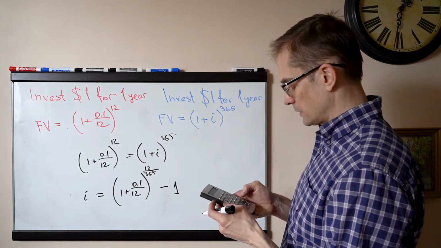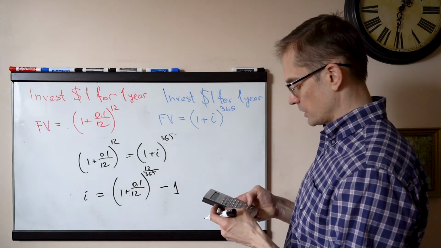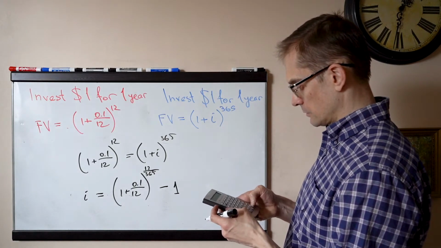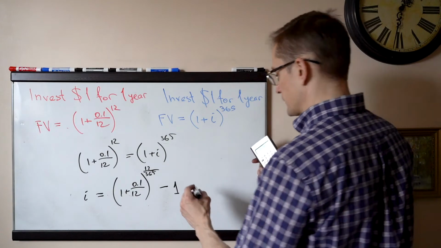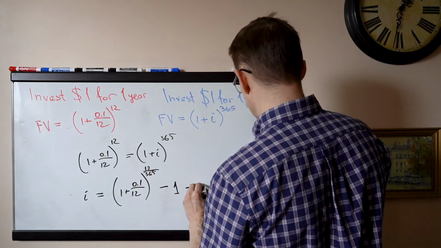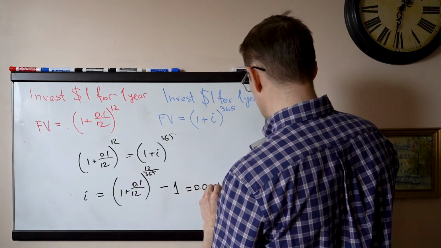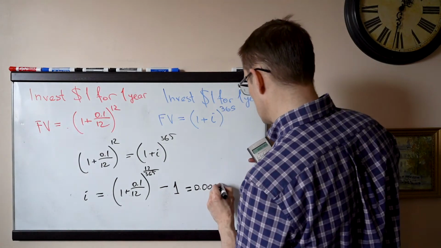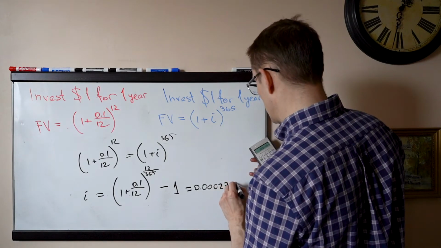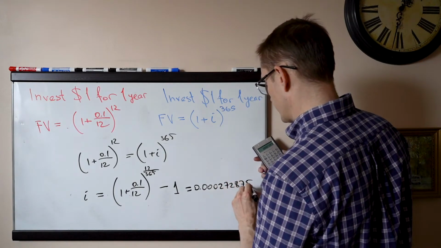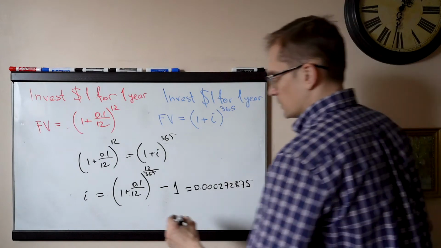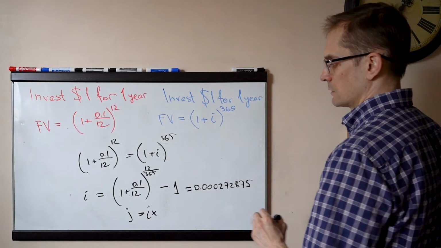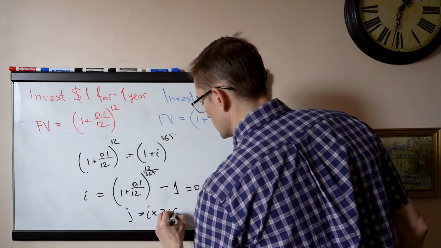So 0.1 divided by 12 plus 1, and so on. So this I is going to be 0.000272875. Now J is I times 365.